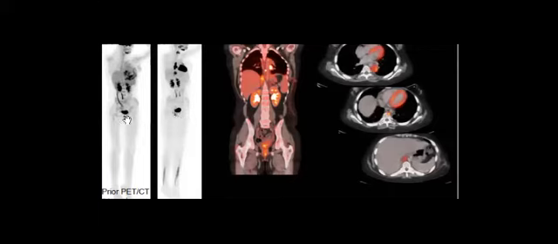The bladder uptake is the same and it is physiological. The ureteral uptake and the renal uptake through the pelvis is physiological. So don't look at it. Maybe some bone uptake. Where is it in the vertebra?